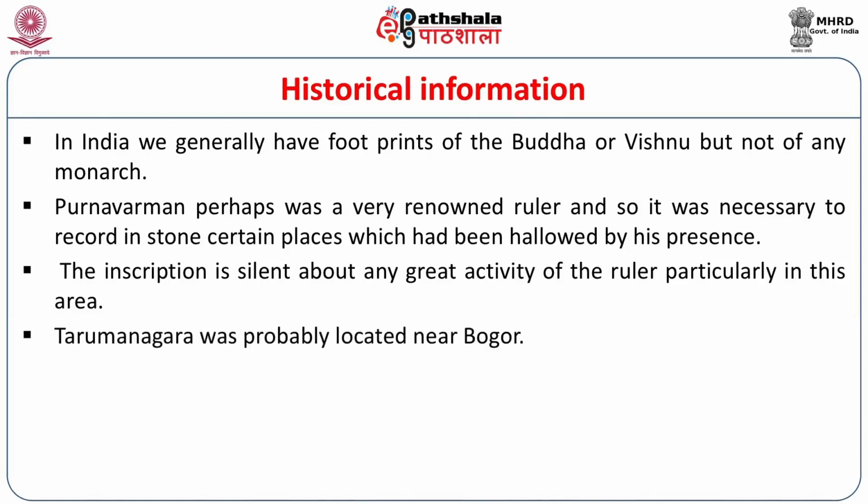So this is also one factor where we do not have any kind of information, but this much we know, that he was a very famous ruler, and the next inscription will show that he was also a very famous warrior. Tarumanagara was probably located near Bogor in Western Java.